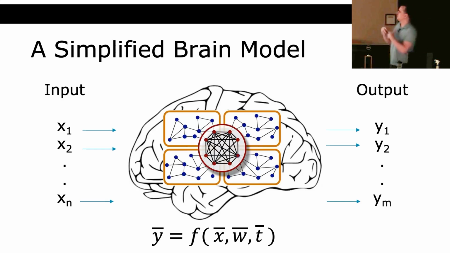Now, we know on a micro scale what that looks like, but we still don't know exactly what's going on in the brain. We don't have a full model of it, and we don't have the computational power to fully simulate the brain. But on some level, we have a bunch of inputs, then some network of real neurons, and then our output vector y is going to be some function of these inputs.